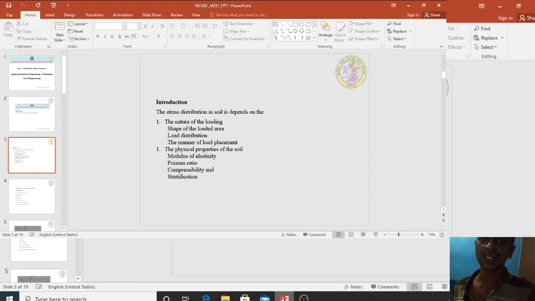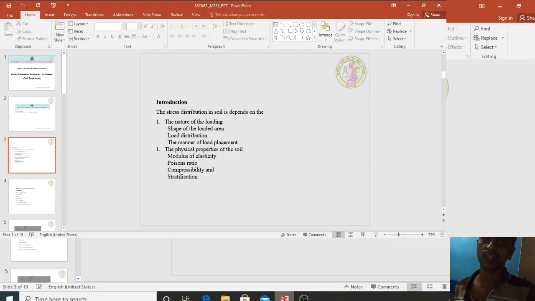The modulus of elasticity depends on different types of material. For soil the E value is different, for concrete the E value is different, or in one word, for a rigid foundation the E value is different and for a flexible foundation the E value is different. So that plays a vital role in stress distribution.